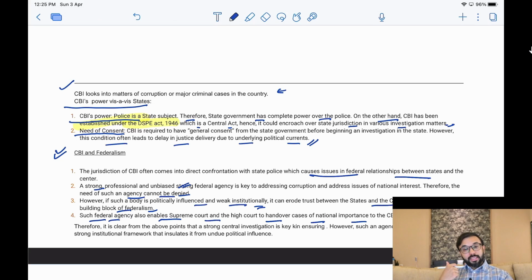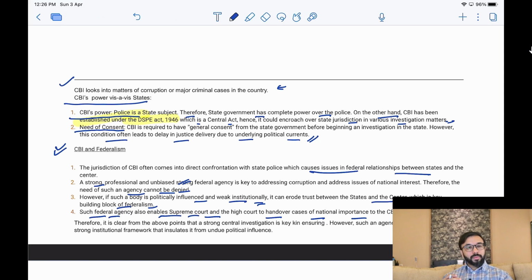So even states, Supreme Courts and High Courts can hand over the cases to the CBI, which enables a lot of people who are otherwise looking for justice to get justice quickly.